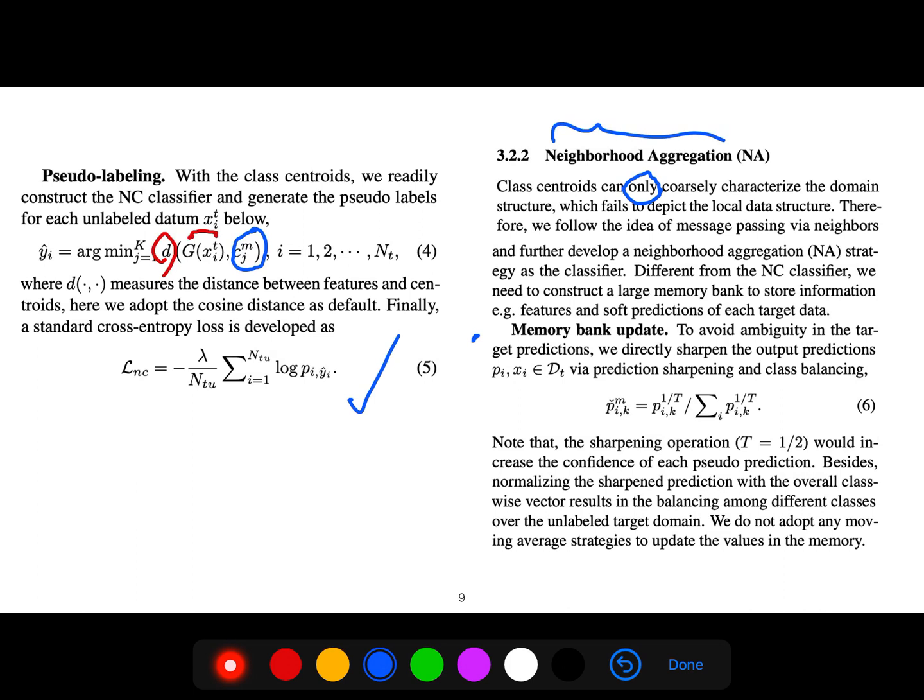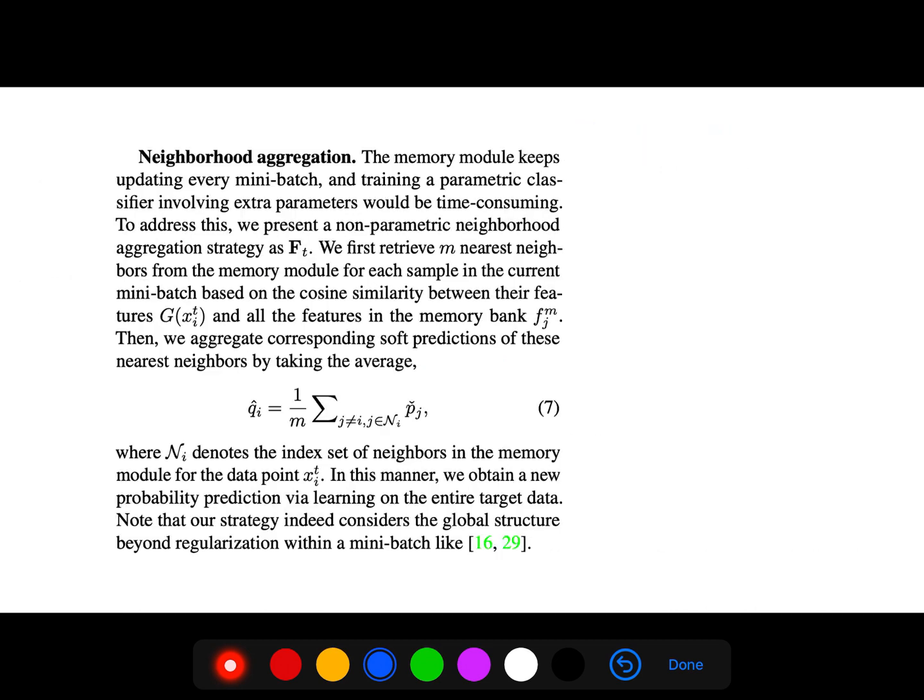Note that the sharpening operation, with t equal to one half, would increase the confidence of each pseudo prediction. Besides, normalizing the sharpened prediction with the overall class-wise vector results in the balancing among different classes over the unlabeled target domain. We do not adopt any moving average strategies to update the values in the memory. The memory module keeps updating every mini-batch, and training a parametric classifier involving extra parameters would be time-consuming.